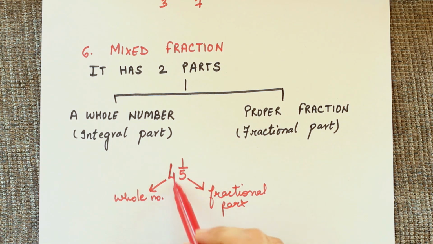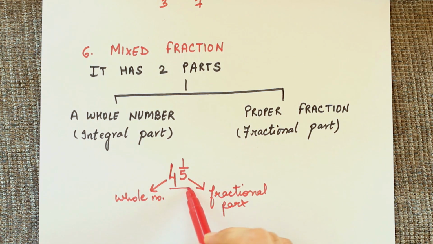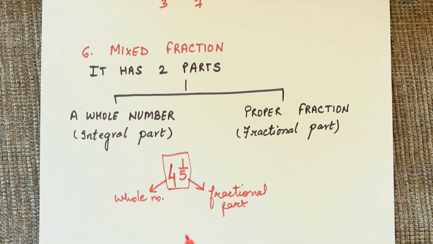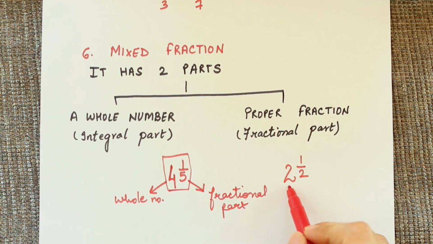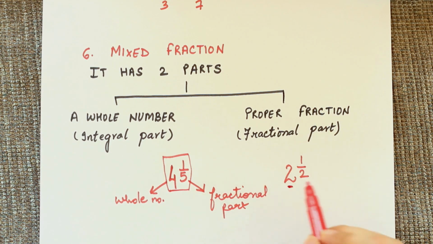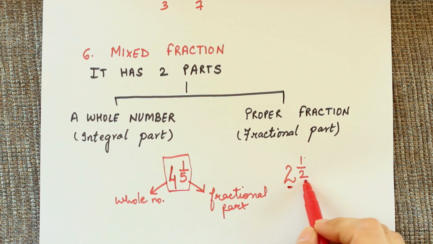So this whole 4, 1 by 5 is an example of mixed fraction. Similarly, I can write one more example like 2, 1 by 2, where this 2 is the integral part and 1 by 2 is the fractional part.